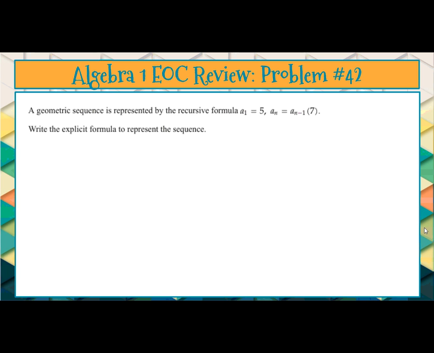And the thing for the geometric sequence is that you do not have to memorize the explicit form because it's actually on the reference sheet. You just have to go back and use it. So a sub n equals a sub 1 times r to the n minus 1. Now some of you may be like, well, I don't know where to get a sub 1 and I don't know where to get r.